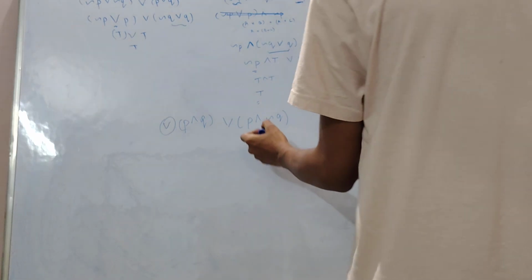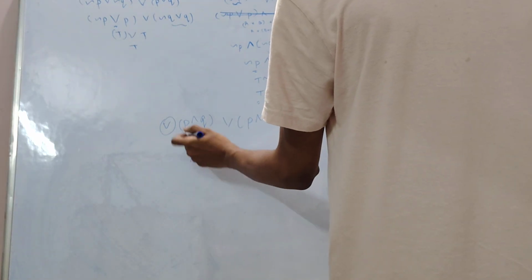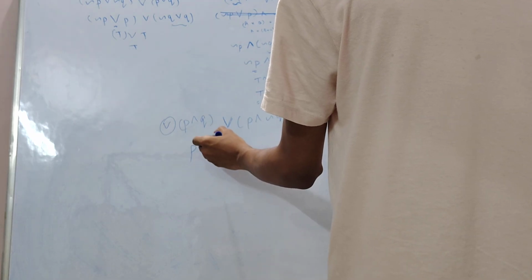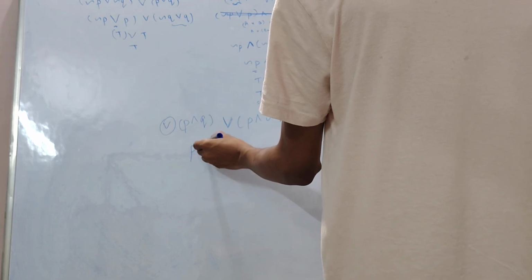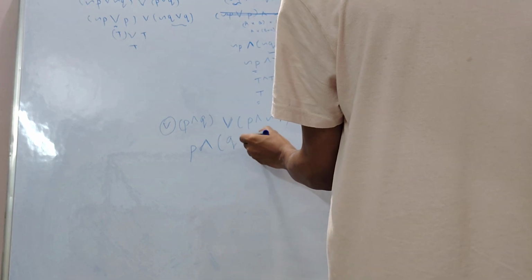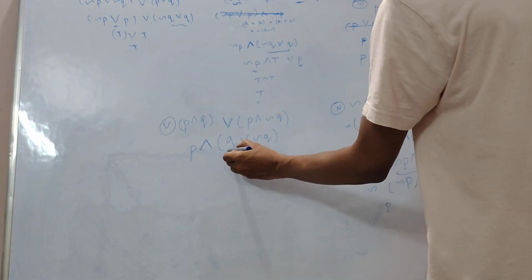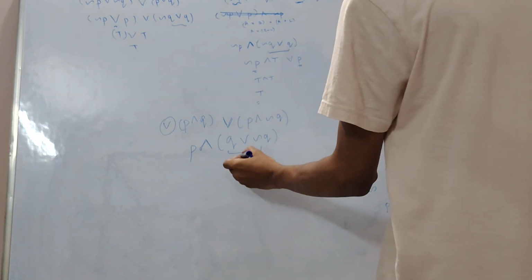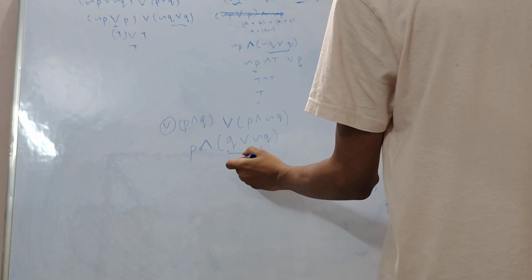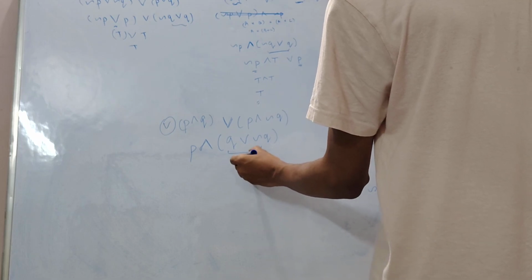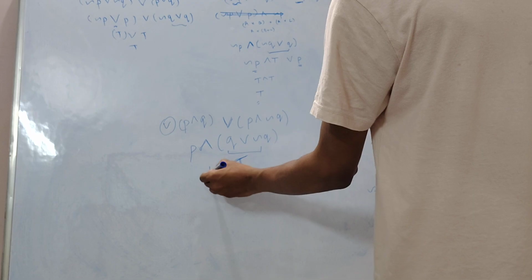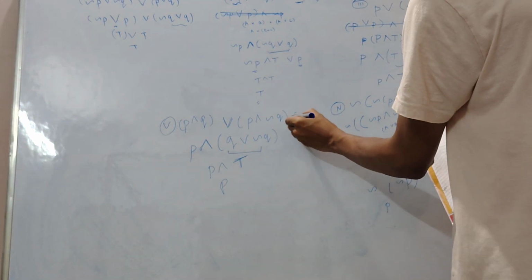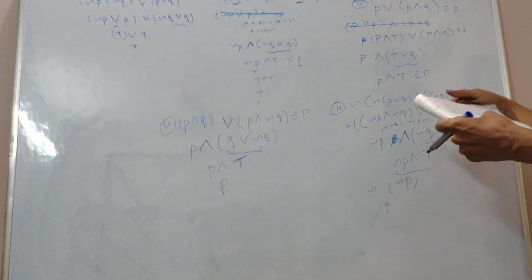So this will give me P and Q or negation of Q. This will give me true, anyone should be true. P and true will give me P, right? I have to prove this as logically equivalent to P.